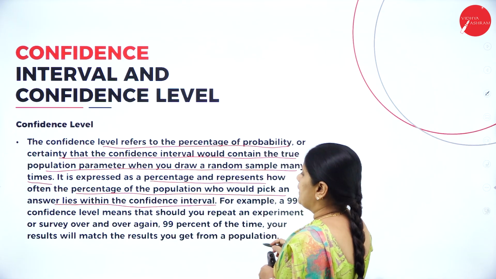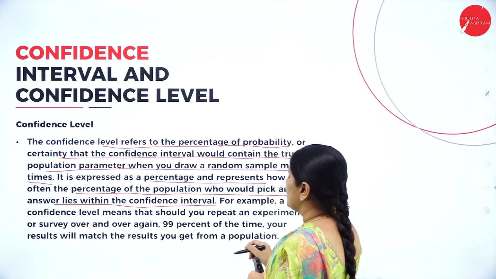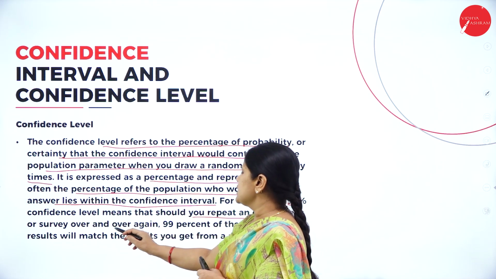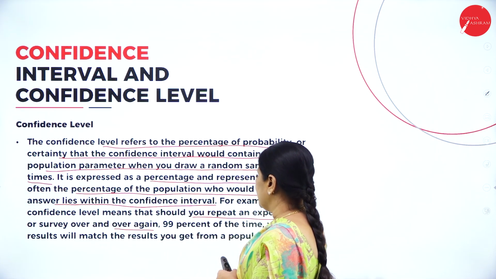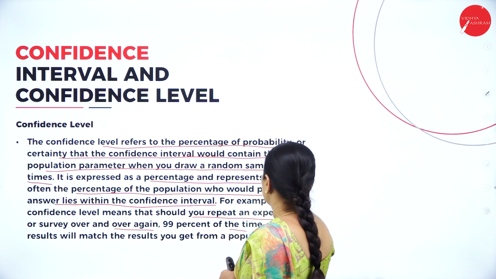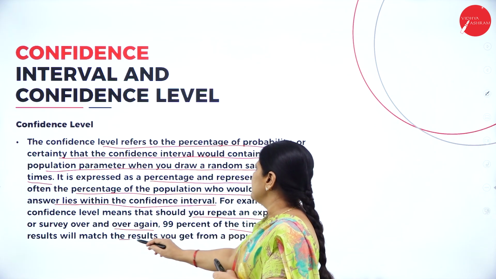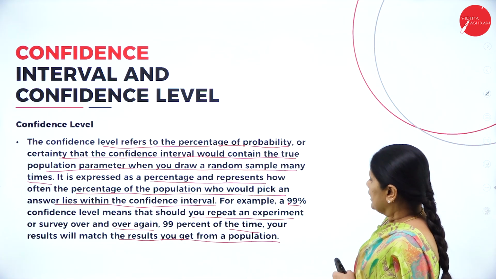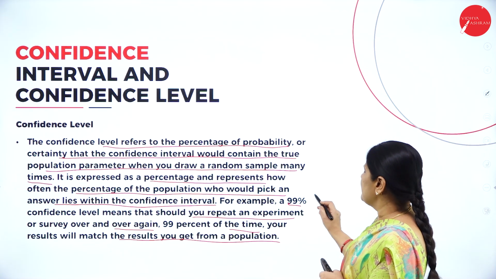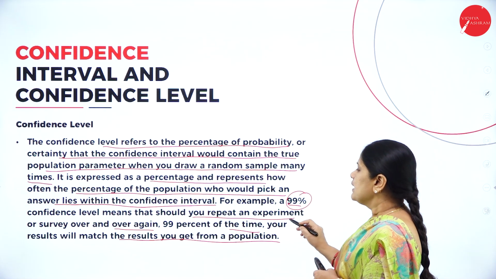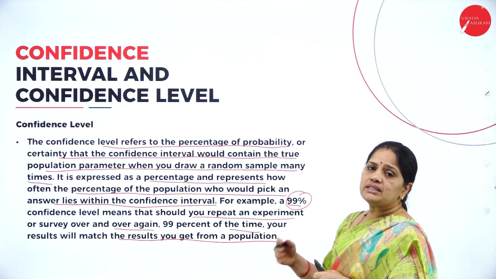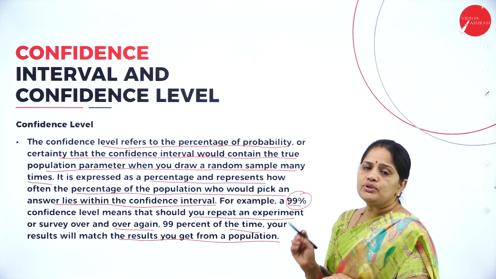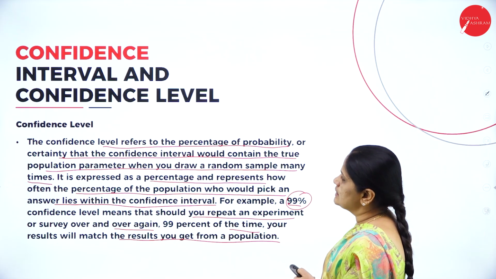For example, a 99% confidence level means that if you repeat an experiment or survey over and over again, 99% of the time your results will match the results you get from the population. So, if you have a confidence level of 99%, that means you should repeat the survey again and again, and 99% of the time you will get the same results.